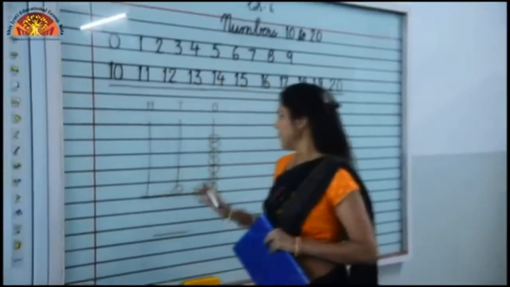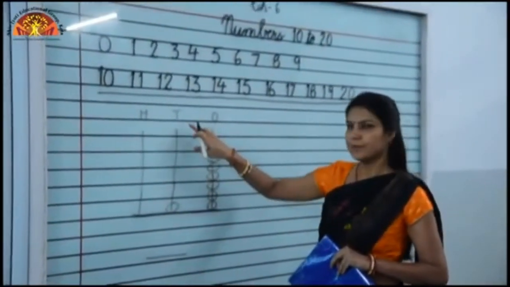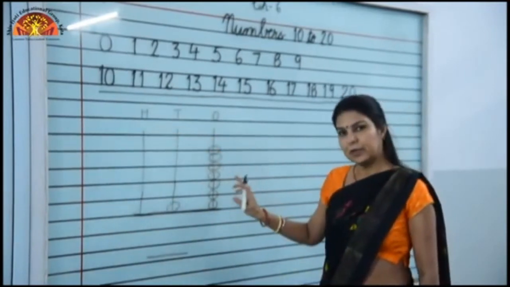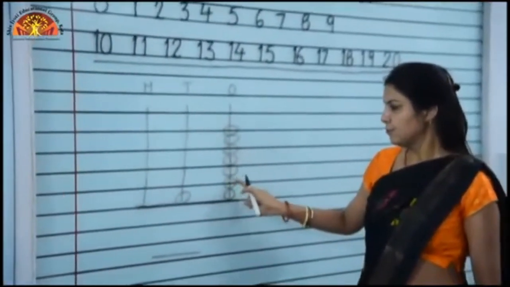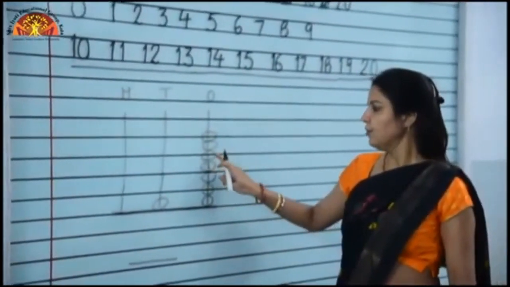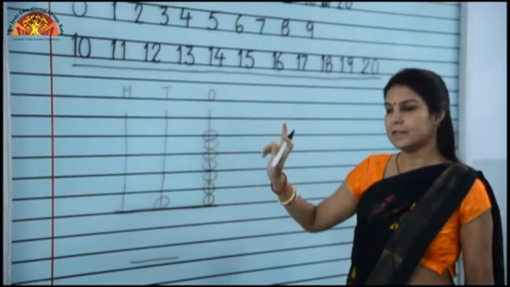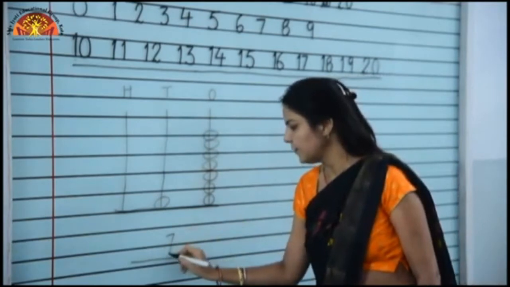Now see here, abacus is given. This place for ones, this is for tens, and this is for hundreds. So we will start counting beads from ones place. Here 1, 2, 3, 4, 5, 6, 7. How many beads are here at ones place? Here 7 beads are at ones place.